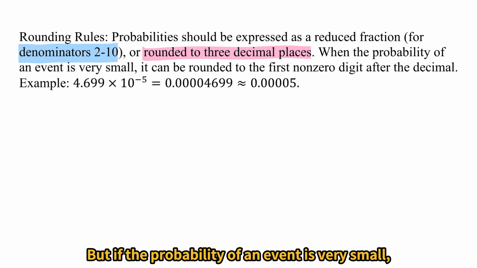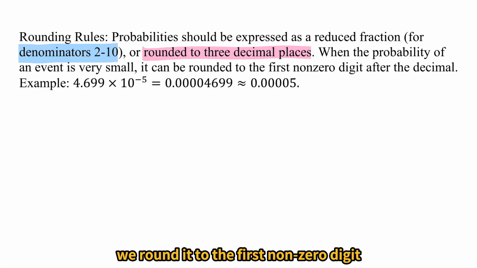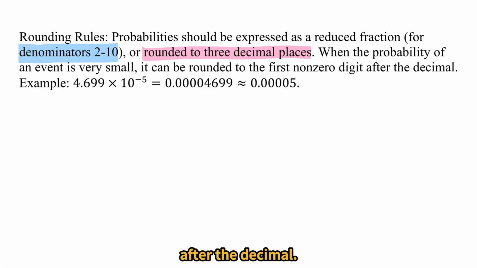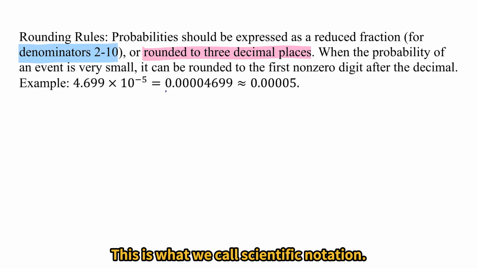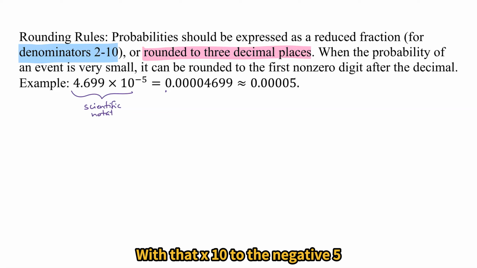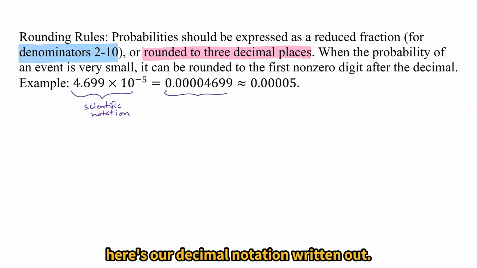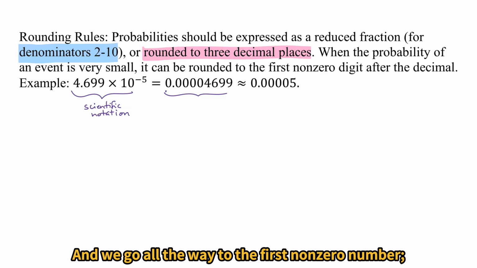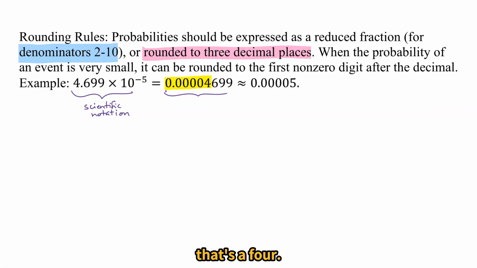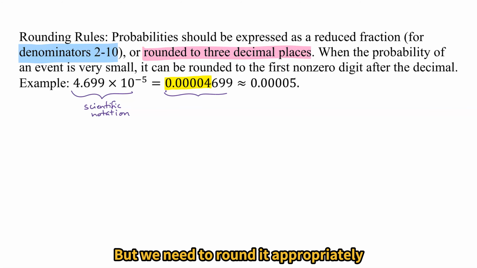But if the probability of an event is very small, we round it to the first non-zero digit after the decimal. So here we have this number 4.699 times 10 to the negative 5. This is what we call scientific notation, with that times 10 to the negative 5. Here's our decimal notation written out, and we go all the way to the first non-zero number, that's a 4, but we need to round it appropriately.